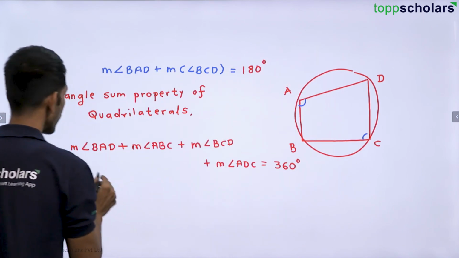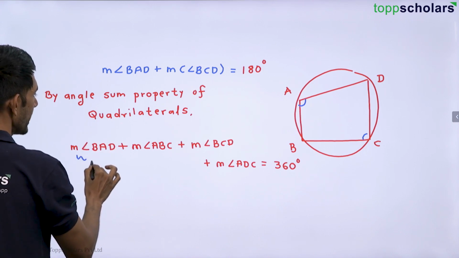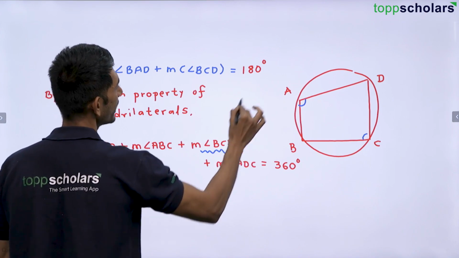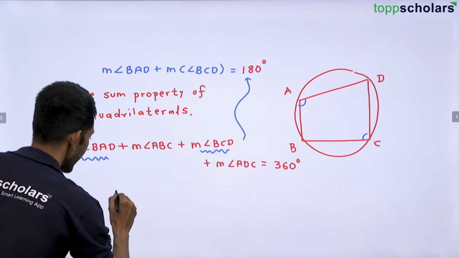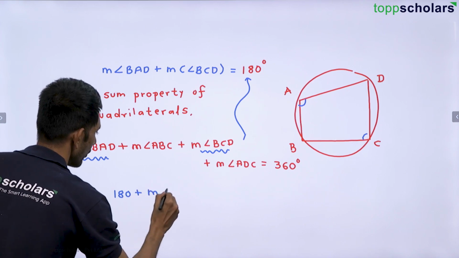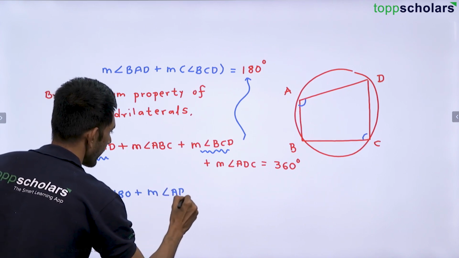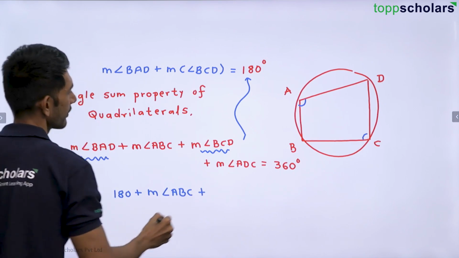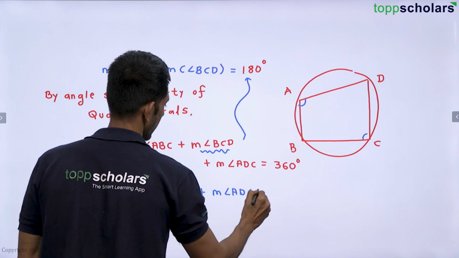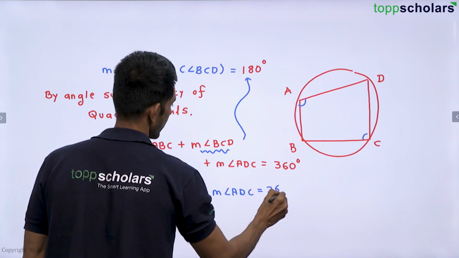But we have already proved that measure of angle BAD plus measure of angle BCD is already 180. So here can I write down 180 plus measure of angle ABC plus measure of angle ADC is equal to 360 degrees.